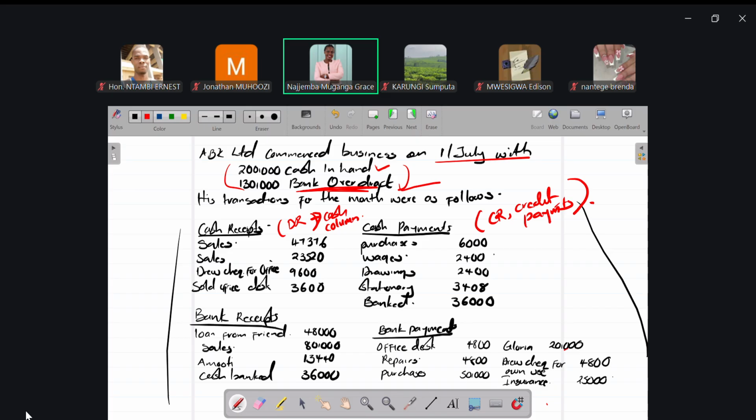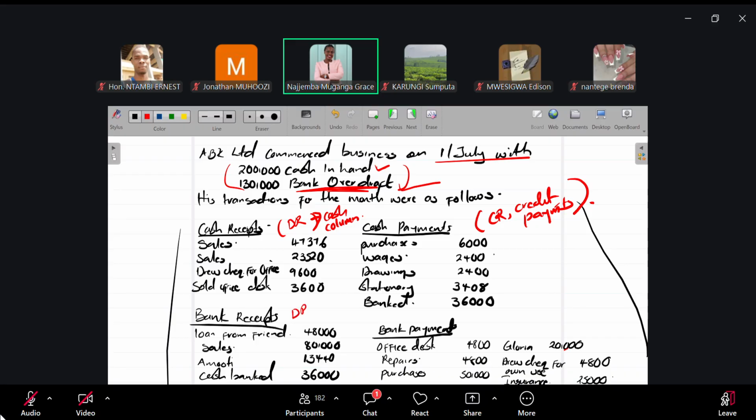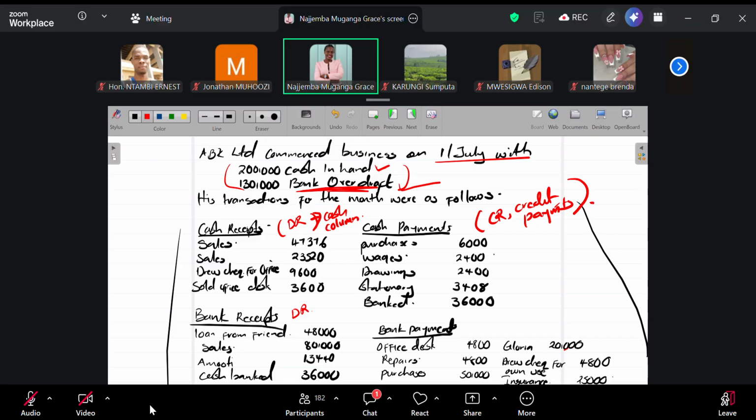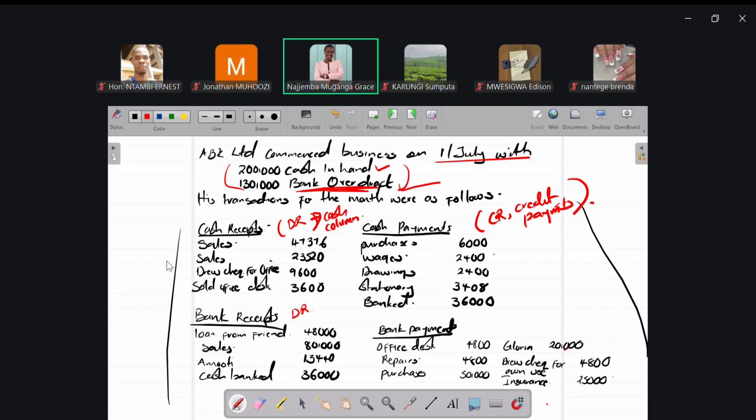Are we together? And then the bank receipts, where you're receiving money through the bank. Again, that would be under the debit side, because you're receiving money, but through the bank.